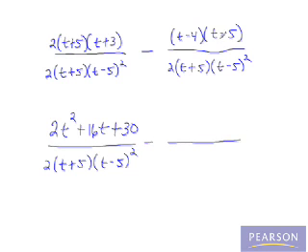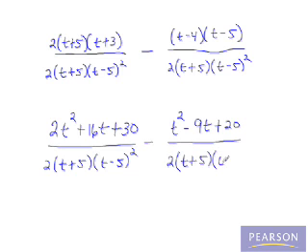And with our second fraction, when we multiply (t − 4) times (t − 5), we get t² − 9t + 20, all of that over the common denominator, 2 times (t + 5) times (t − 5) quantity squared.